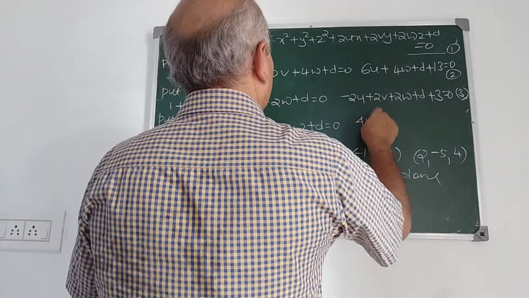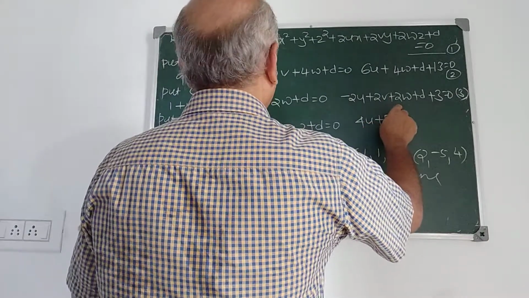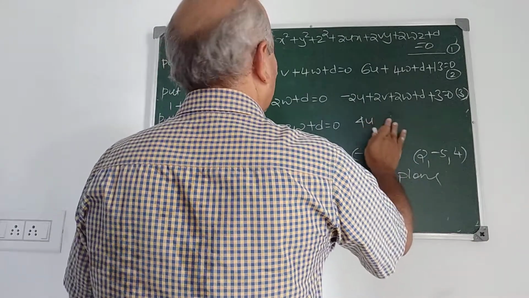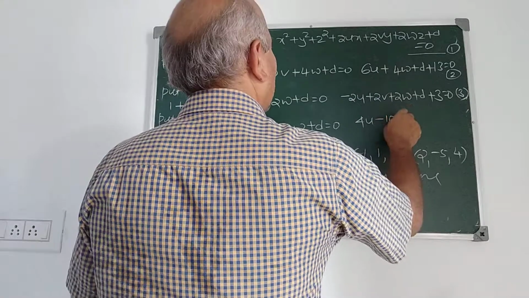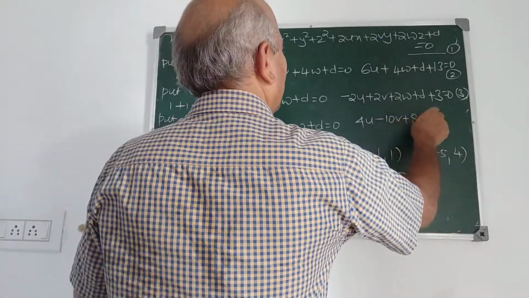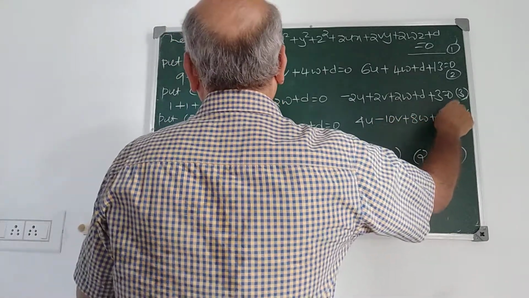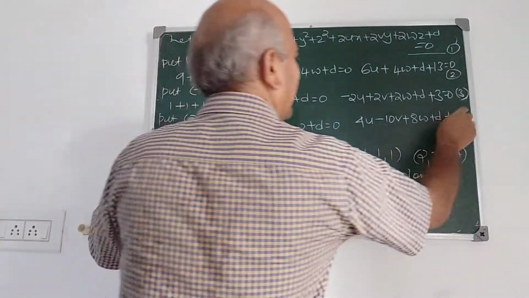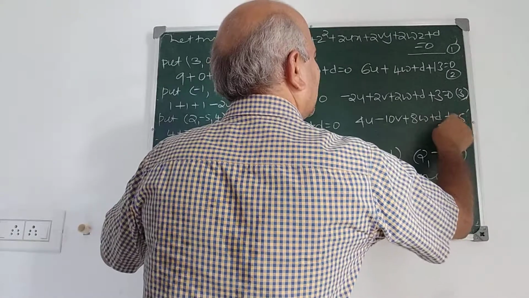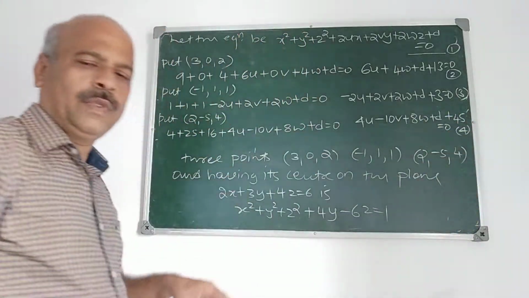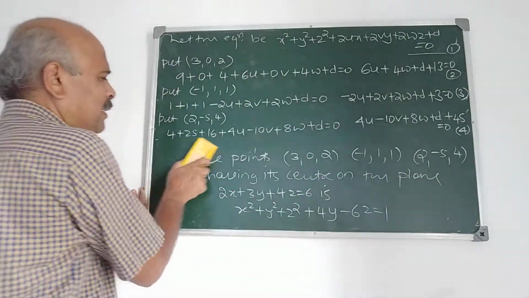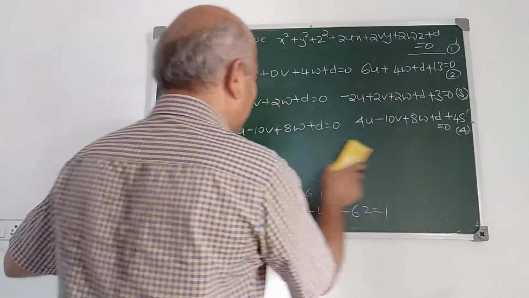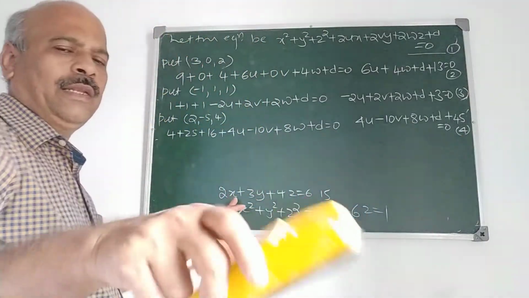Therefore 4u minus 10v plus 8w plus d plus 45, 20 plus 25, 45 is 0. Take this as 4.